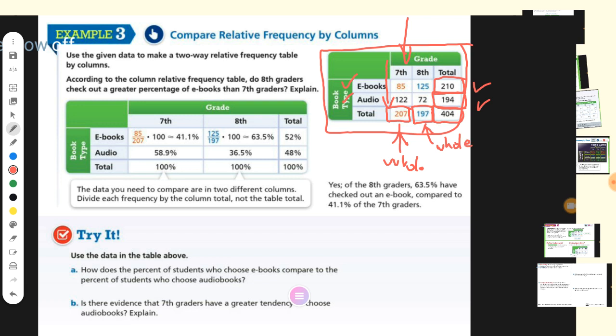So to calculate the percent, I will calculate it with respect to the row. The row total here is 207, so the first one should be 85 divided by 207 multiplied by 100, which will give you this number.